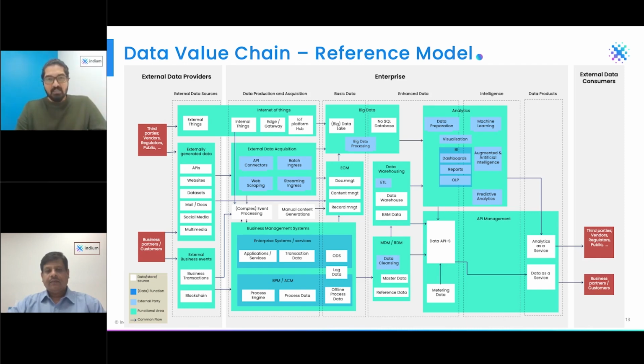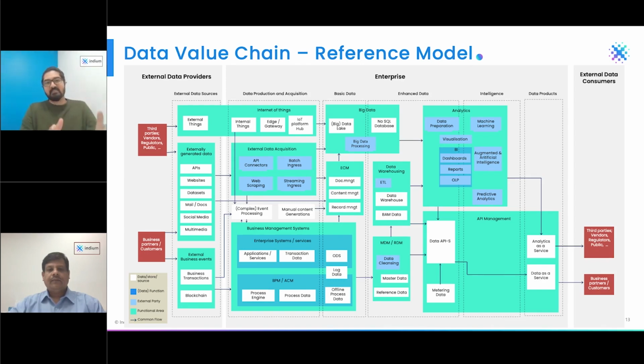The first thing is, to your extreme left, you could see all the external data providers. This is your social media. This is your data that comes in from your third-party vendors. It could be your third-party data sets, for example, your weather data, or your customer data which is coming in from some other third-party vendor. Could be anything.